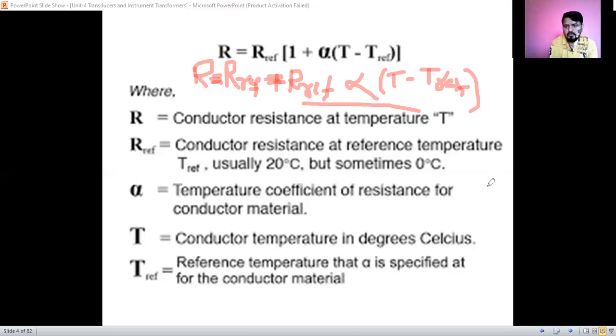Alpha equal to R minus R reference upon R reference into T minus T reference.